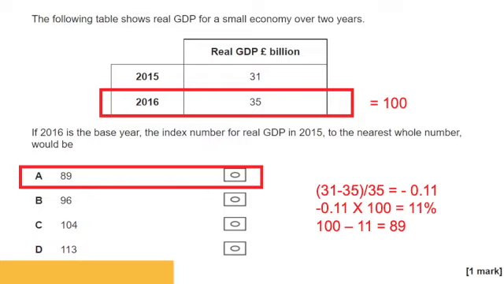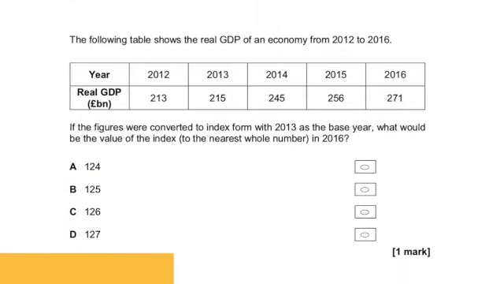Another similar question, and again it's amber because we're only looking at real GDP. This time it's telling us the base year is 2013, so again we put that to 100. And what we're looking at is the difference between that and 2016, where the real GDP is £271 billion. So all we simply need to do is again a percentage change.